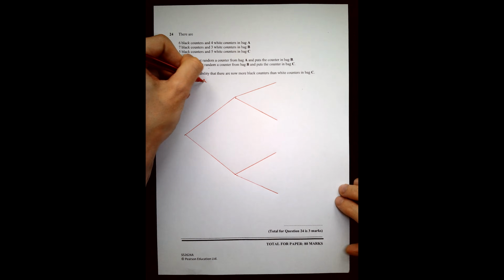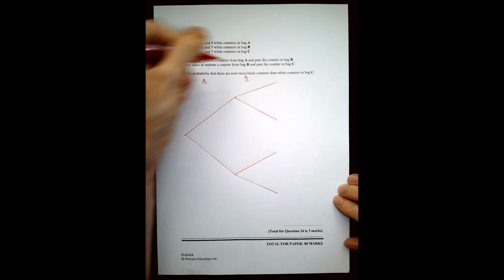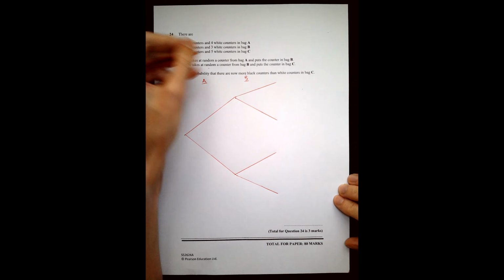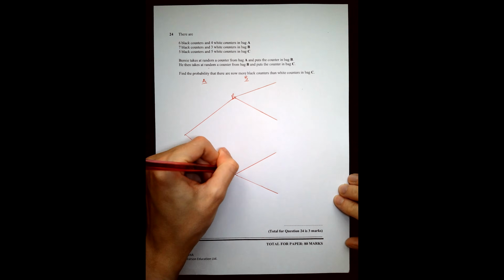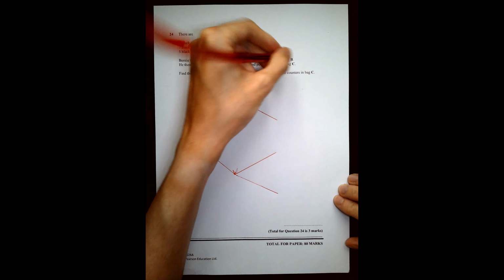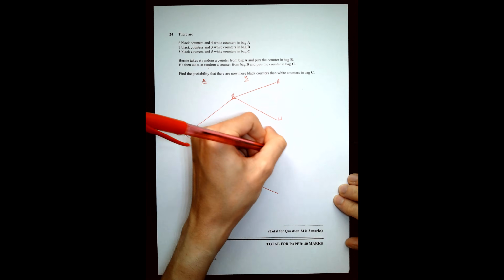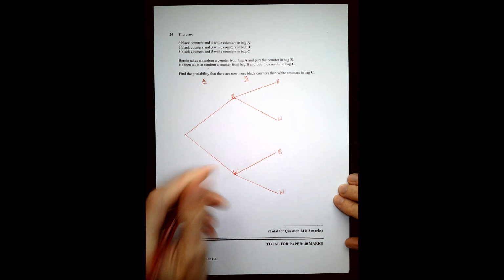Okay, this will be bag A, bag B, and then black counters and white counters.